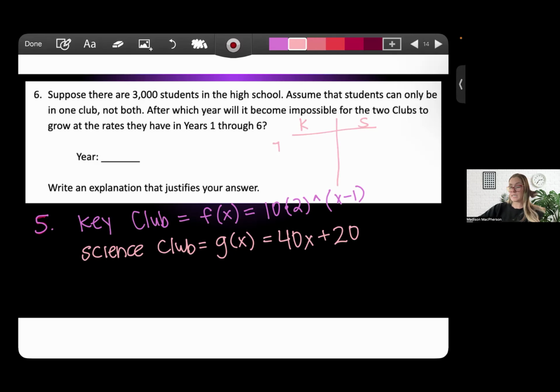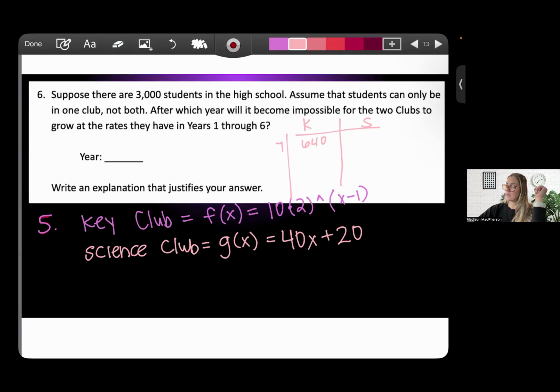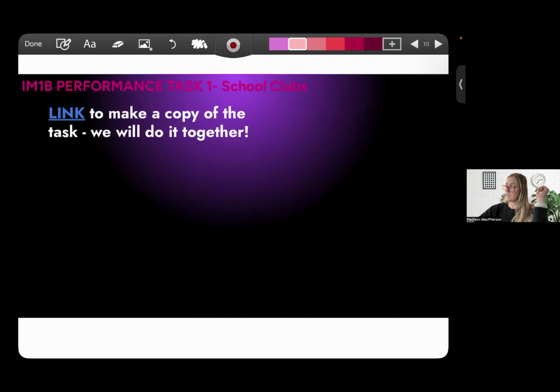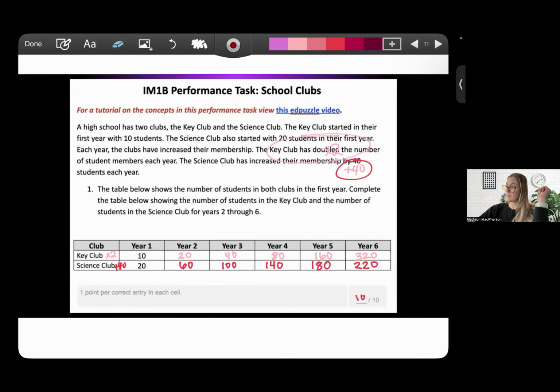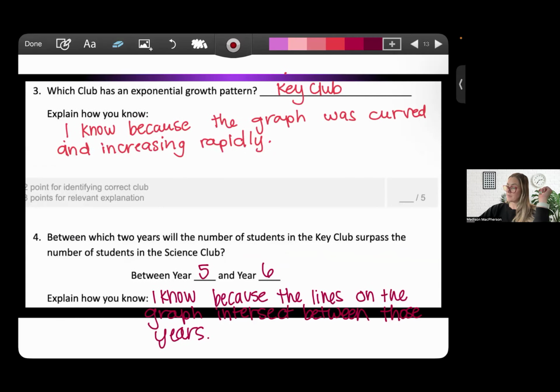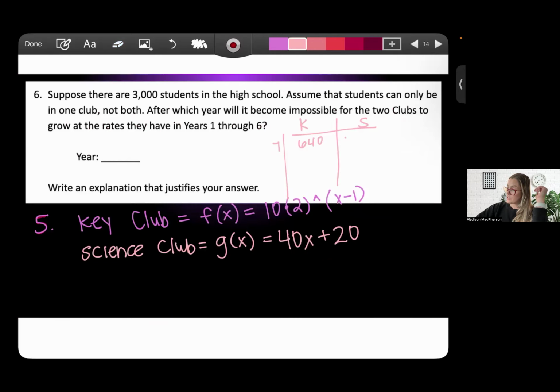So 320 times 2 is going to be 640. And the Science Club is going to add 40. In year 6, we had 220, so plus 40 is going to be 260.